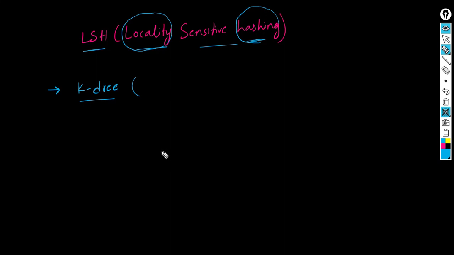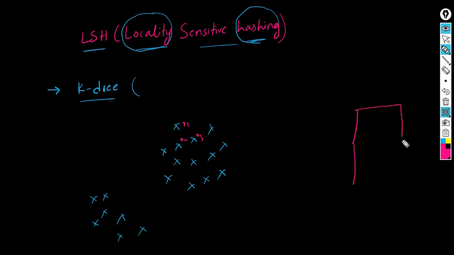Suppose we have data points like this, and let's call these data points x1, x2, x3, and so on. We also have a hash function and a hash table. We have the hash function h of x.